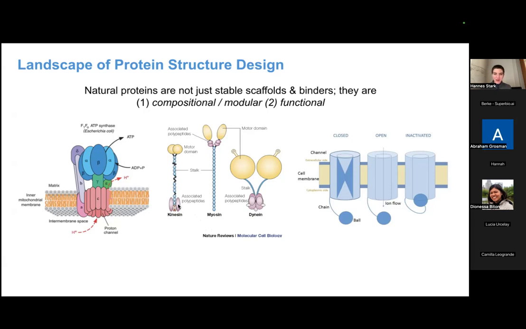You have the domain of the protein that attaches to the cargo that is supposed to be transported. Then you have what I guess is called the stalk, the domain that connects this motor with the part that binds to the cargo.